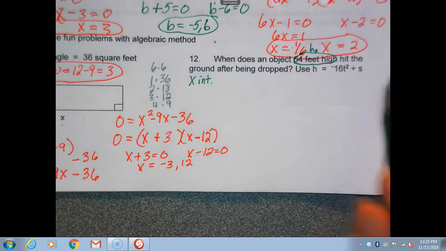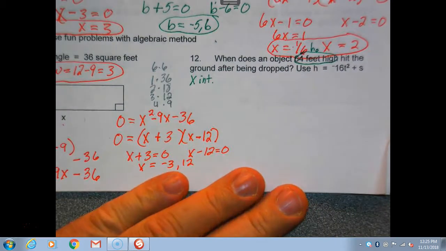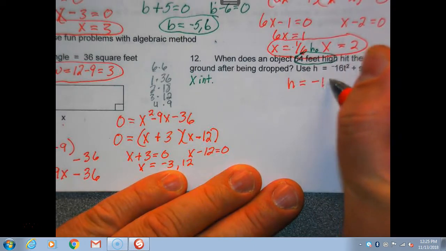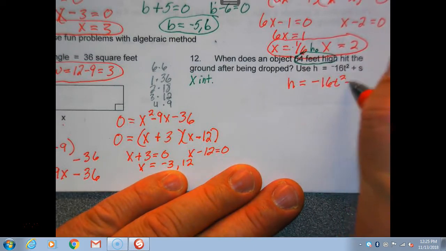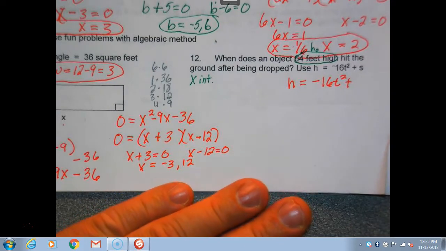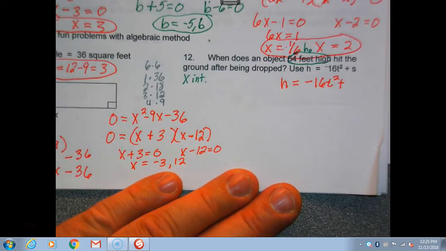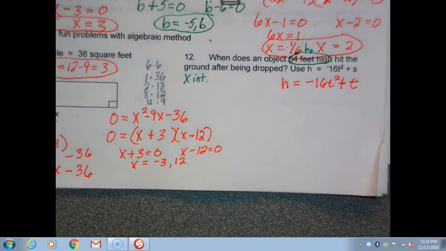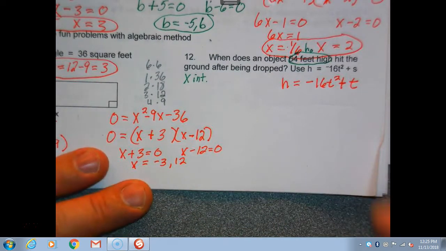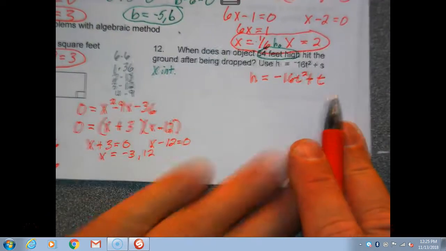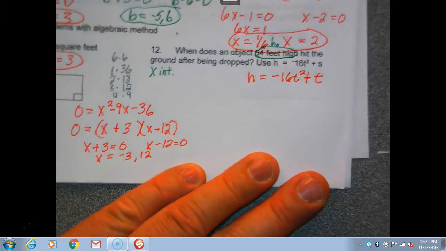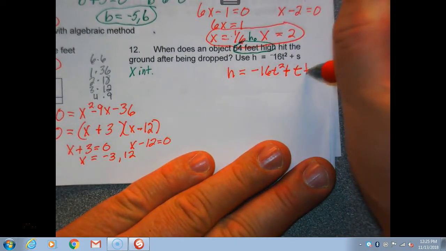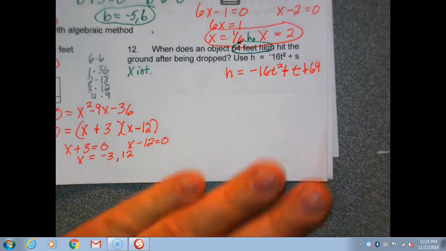After being dropped. Use h equals negative 16t squared plus s. You guys mind if I put t in for s? It means seconds, right? Okay, don't forget the initial height. So where do we put that? At the end, right? Plus 64 is our initial height.